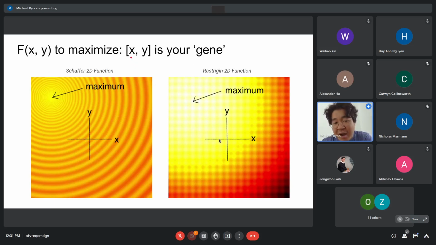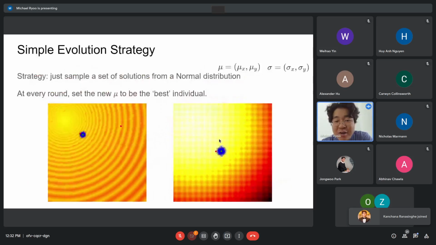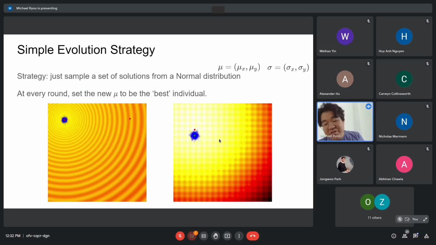So this x and y becomes your gene, and f is your fitness function. Given a setting like this, let us look at different types of evolutionary strategies. We just covered the genetic algorithm, but let us postpone using it a bit and look at an even simpler evolutionary strategy.